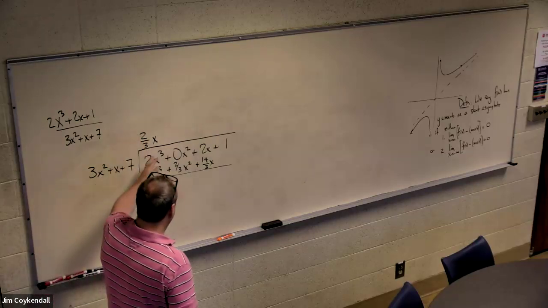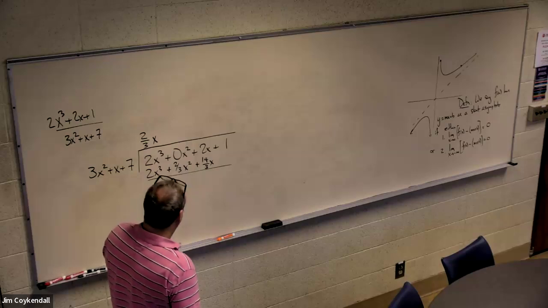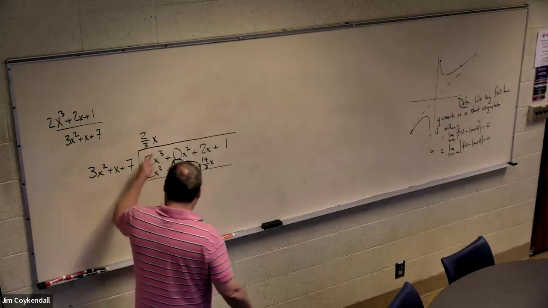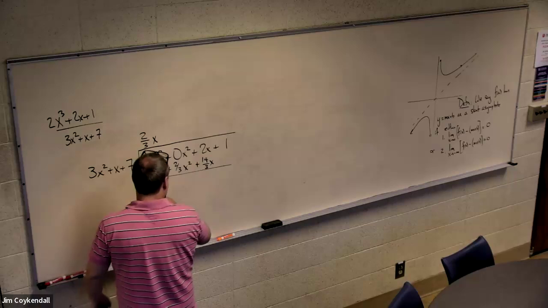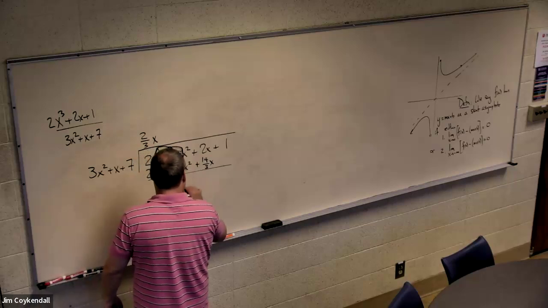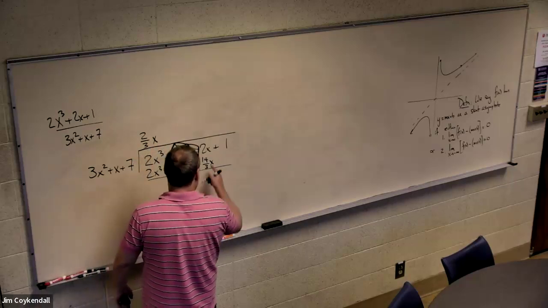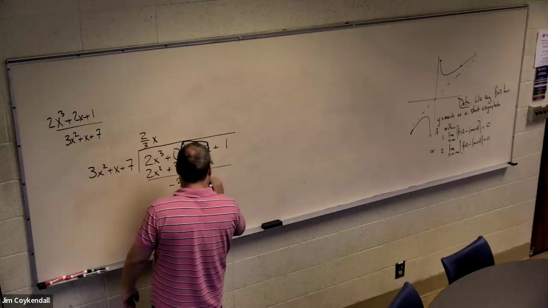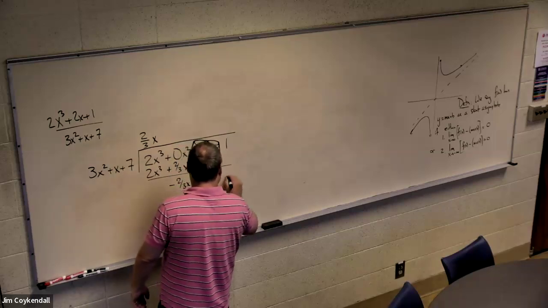Just this times this, we'll subtract. So let's subtract. That's a 0. That is a minus 2/3 x squared. And that's a 6/3 minus 8/3 x.